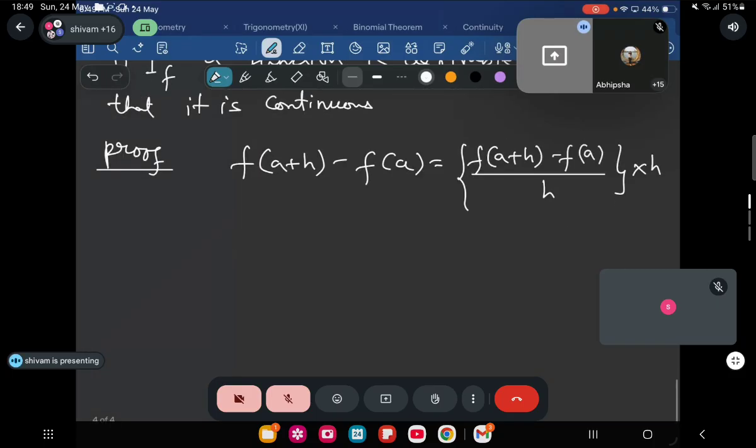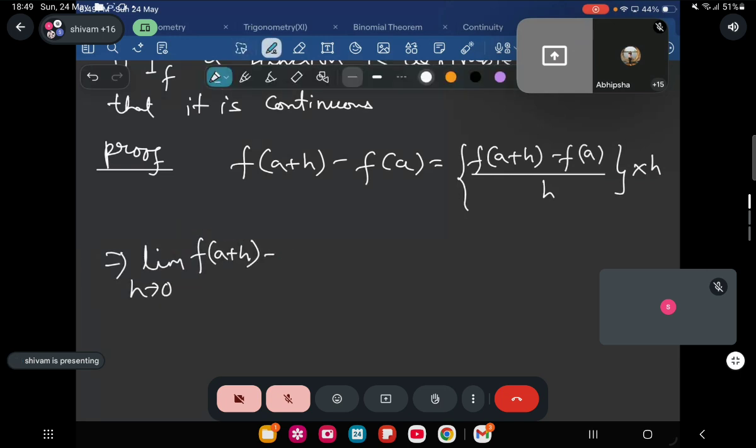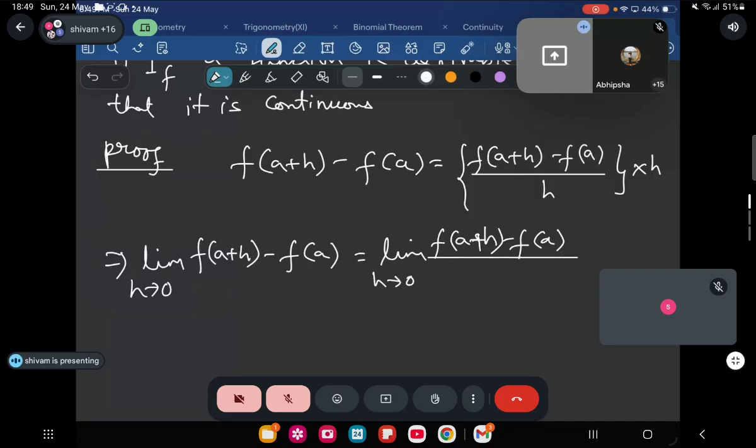Next, applying limit. This implies limit h tends to 0 of f of a plus h minus f of a will be equal to limit h tends to 0 of f of a plus h minus f of a divided by h, multiplied by h.